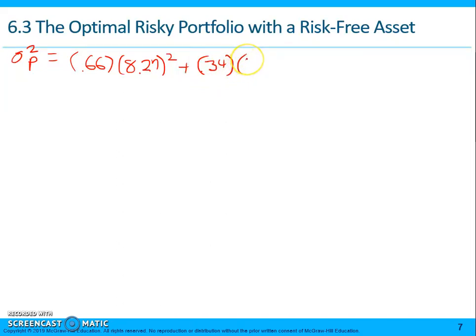And then we've got 18.63 squared. Then that's plus 2 times the weight in bonds, 0.66, and then the weight in stocks, 0.34, sorry. And then we multiply that by our covariance, 74.8.